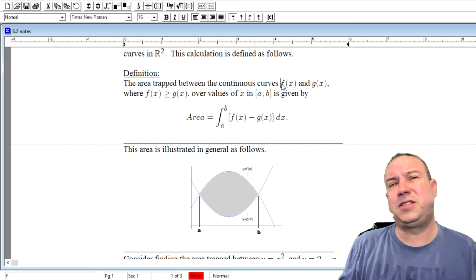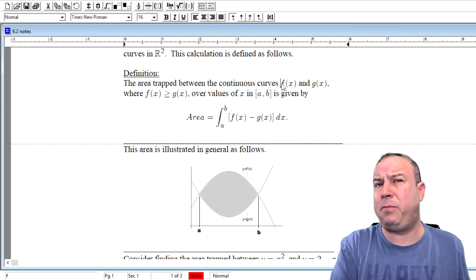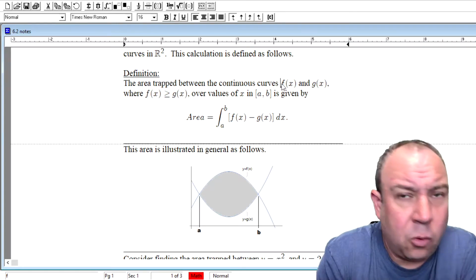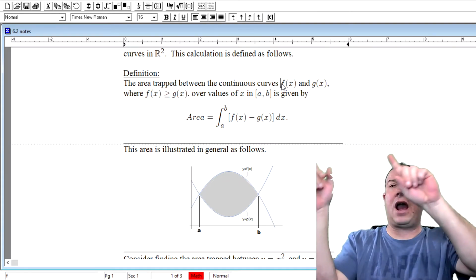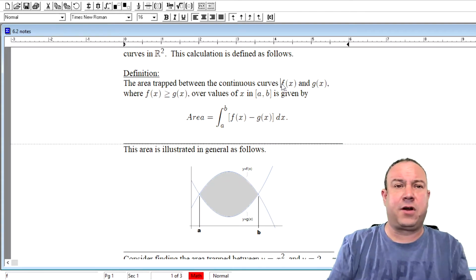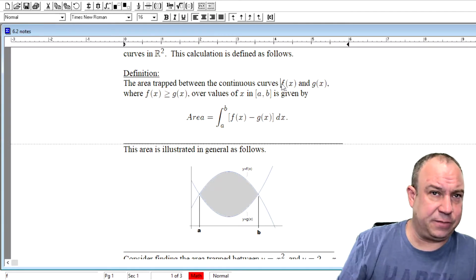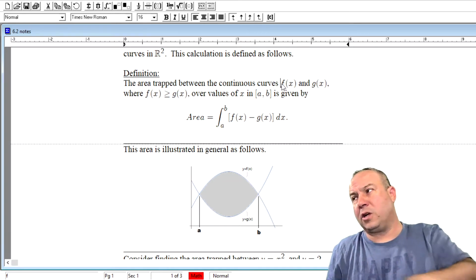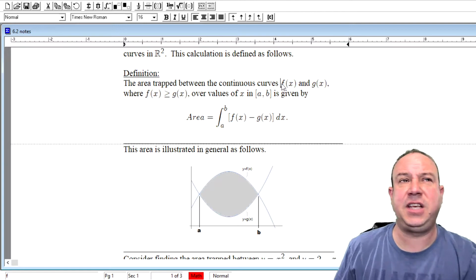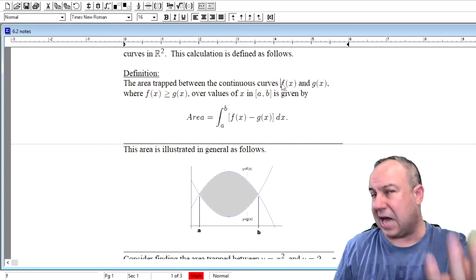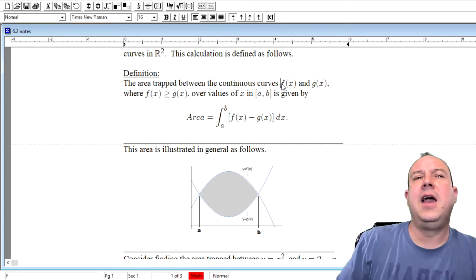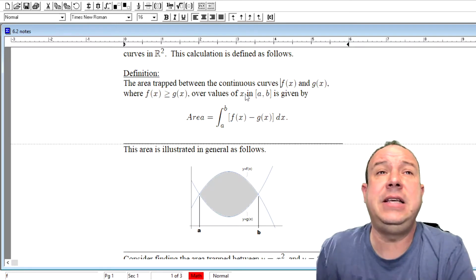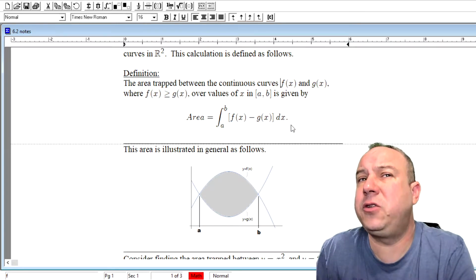We very seldom considered the cases where y might be independent and x is dependent upon the value of y. We very seldom considered graphing our functional curves with a vertical flow through space, as opposed to the horizontal flow through space that we see in the classical case.